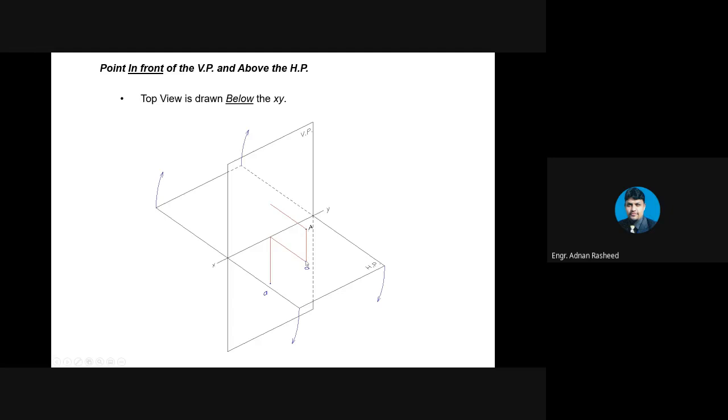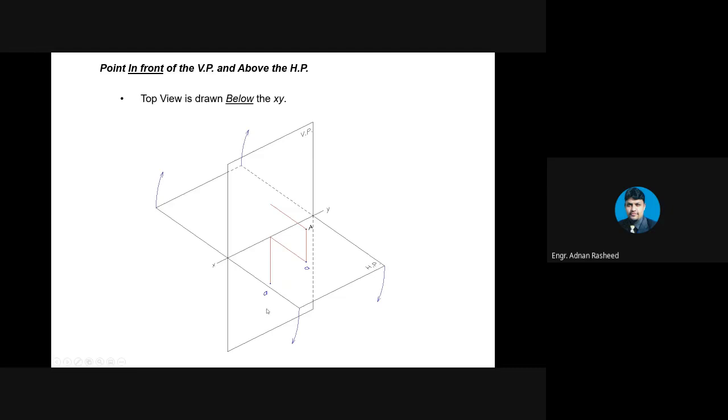Okay, before going to next slides, let me tell you one thing, that when this horizontal plane and vertical plane intersect each other at right angle, you will get 4 quadrants. The first quadrant, the second quadrant, the third quadrant, and fourth quadrant. Now the first quadrant is first angle, the second quadrant is second angle, the third is third angle, and the fourth one is fourth angle.